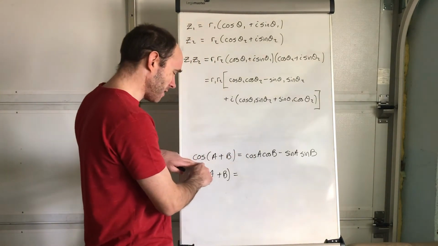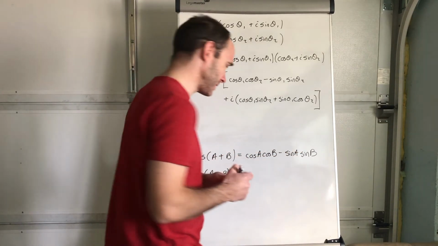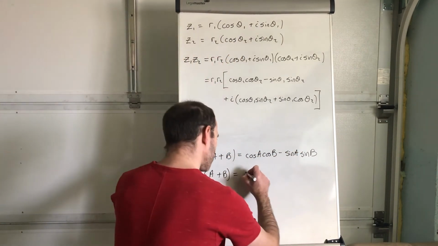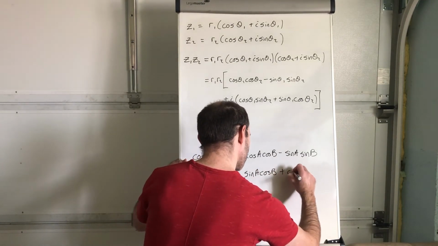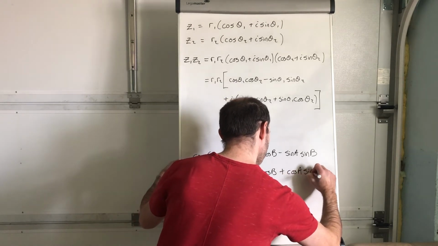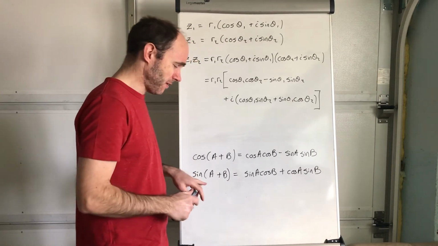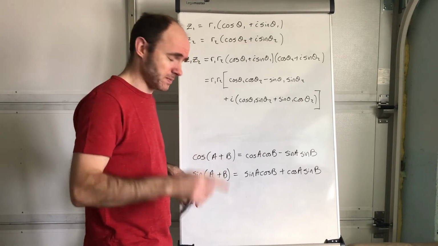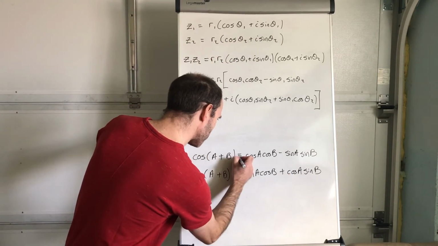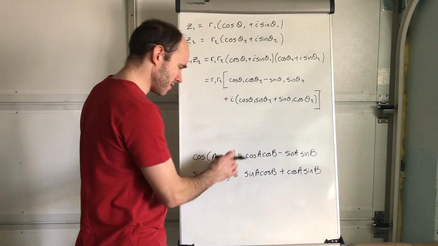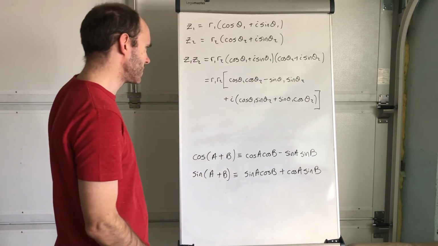So the identity is that cosine (A plus B) is the same as cos A cos B minus sine A sine B. And then sine (A plus B) is the same as sine A cos B plus cos A sine B. Again, it's not a multiplication function, it's a sine function, which is different. And that's the identity. I could use the identity symbol just to be mathematically more correct, which means that the left hand side is identical to the right hand side. I'm going to make use of these.